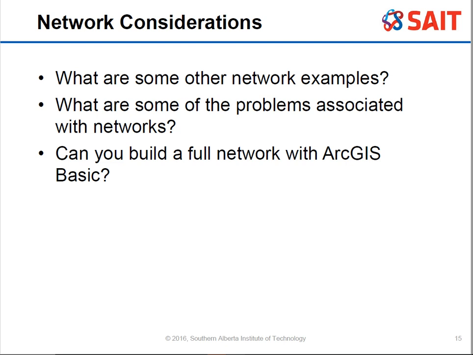Some things that we need to consider are other examples of networks. I gave a few, so think about what would be some other things that might follow lines and need points and would be interconnected. Then some of the problems associated with networks. What would be some of those problems?